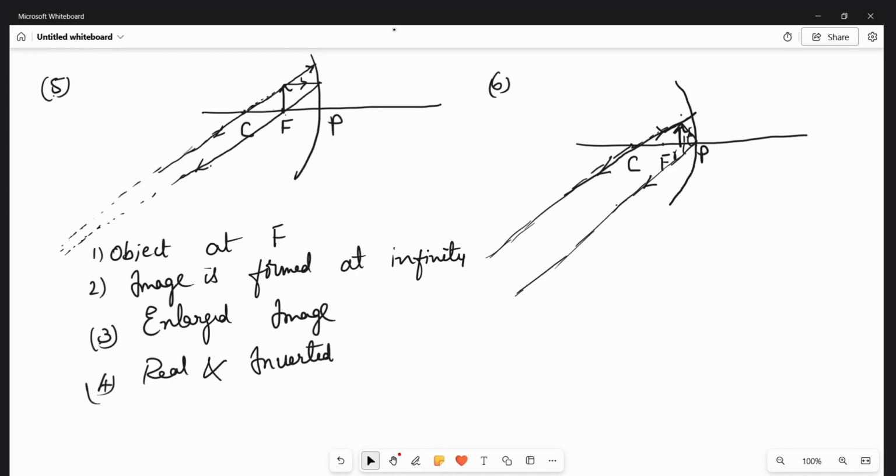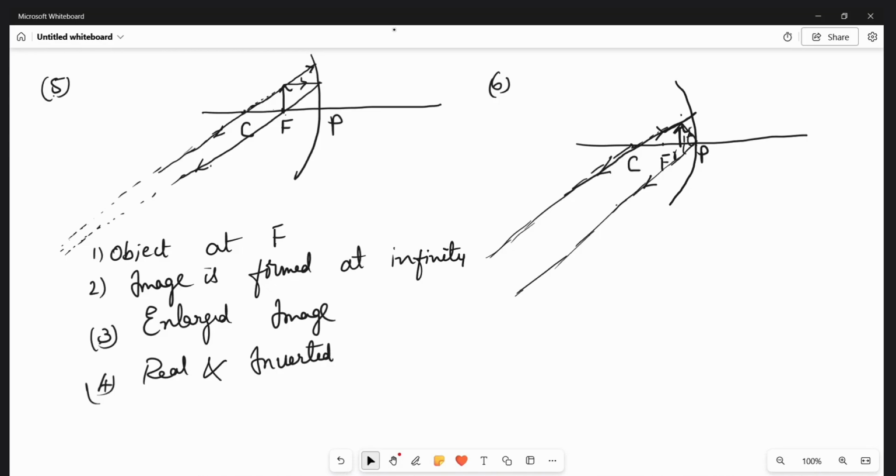So that is why a virtual image is formed, which you cannot touch. Virtual means you cannot touch the image there. It cannot be formed on the screen. It is an enlarged image.